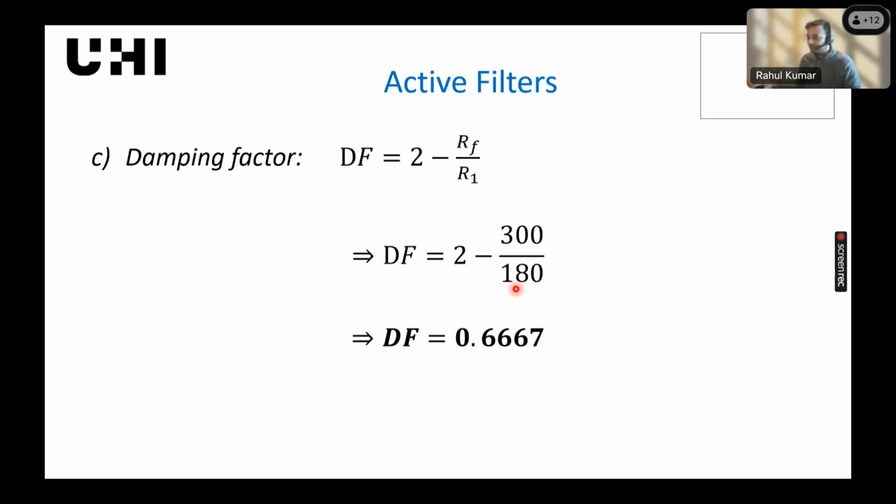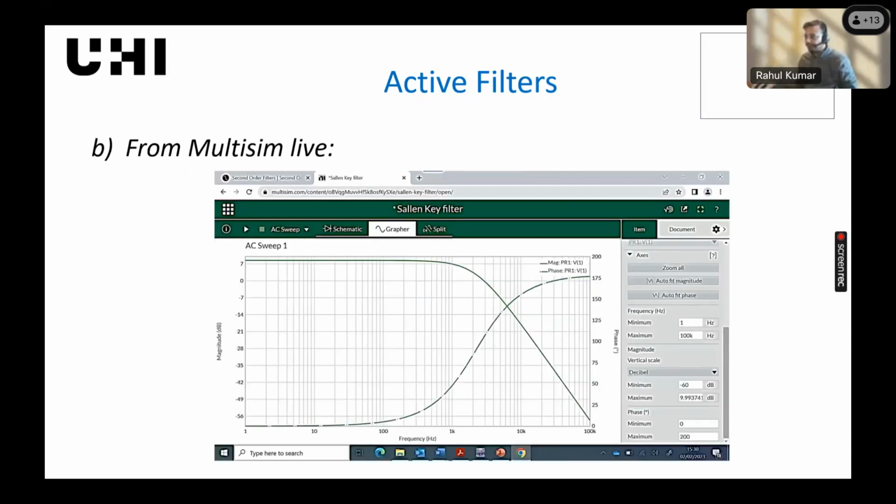Again, quite simple formulas and calculations for the filters, but you have to be a little careful to use the values and implement the formulas correctly. So DF, damping factor, is about 0.67. This is again from Multisim, the output response, Multisim Online or Multisim Live.